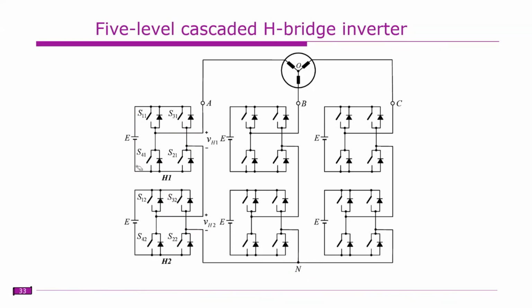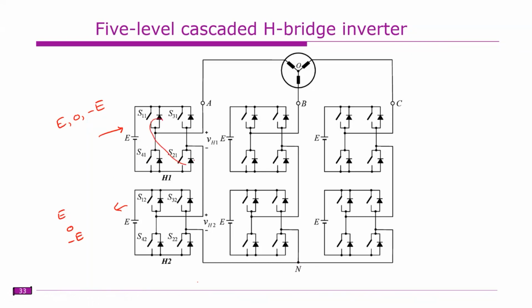Right. So you're aware that each H bridge is producing 3 voltage levels: E, 0 and minus E. So how is E produced?